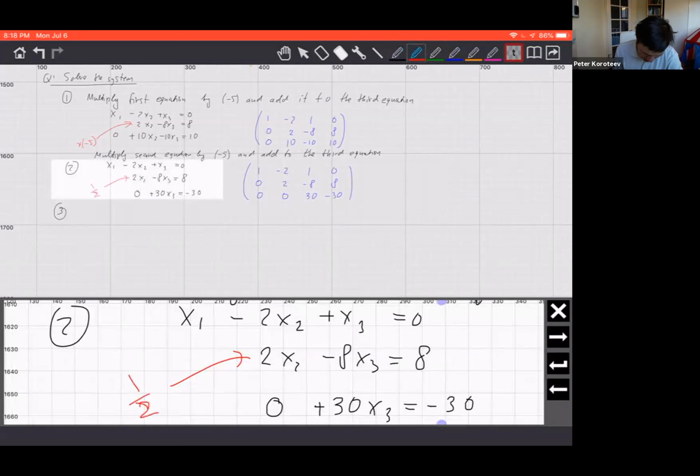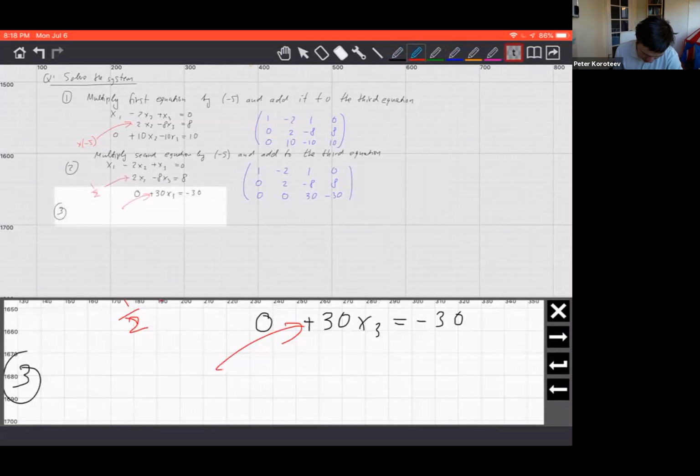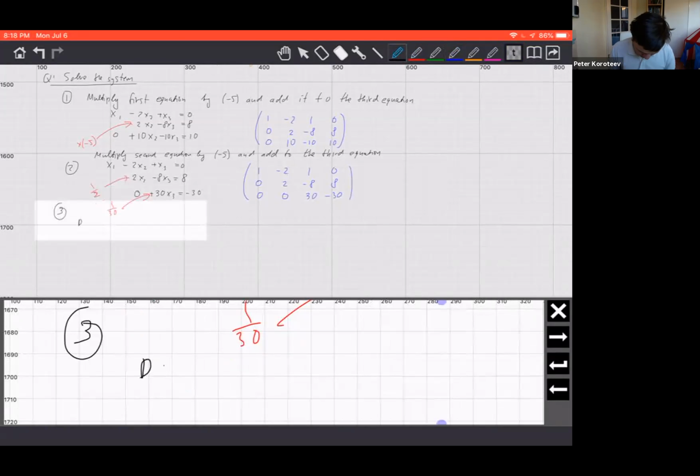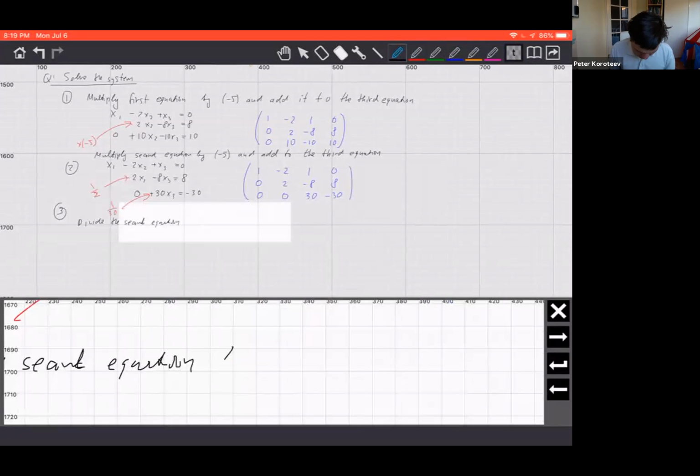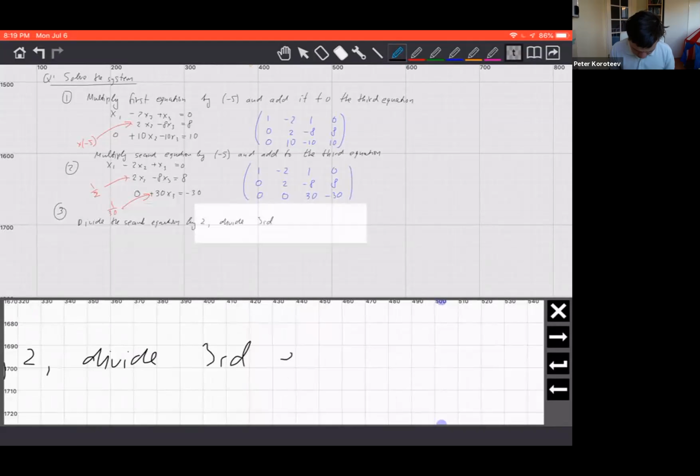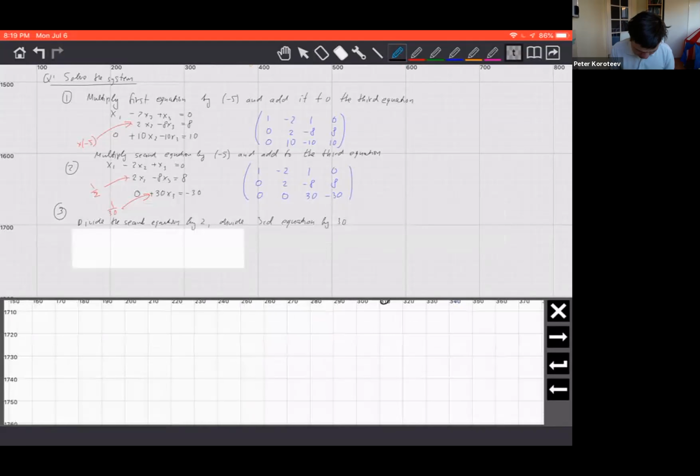We'll multiply it by a factor of 1/2, and divide the third equation by 30. Divide the second equation by 2 and divide the third equation by 30.